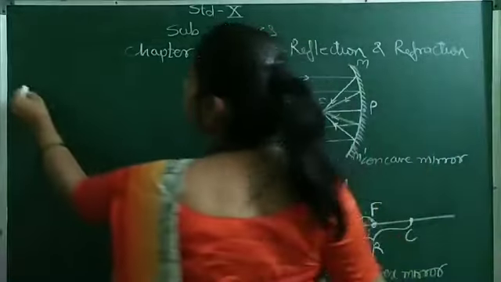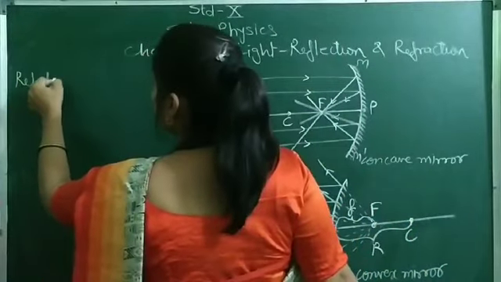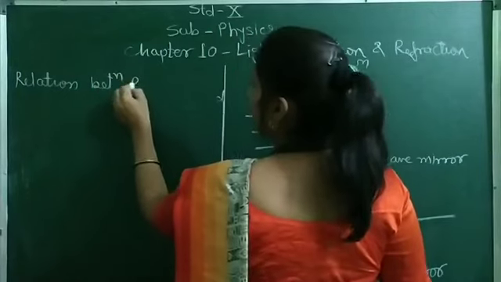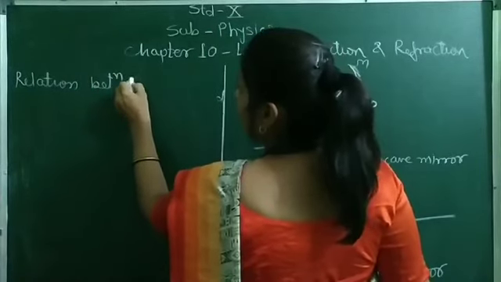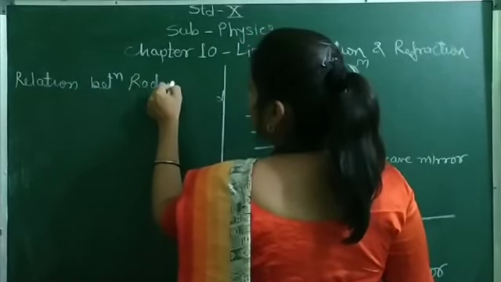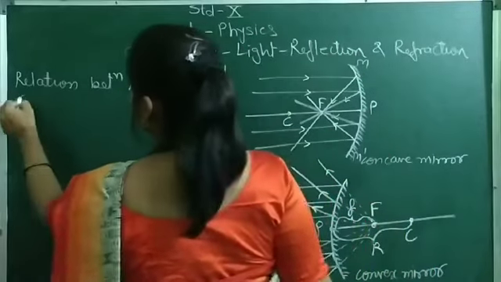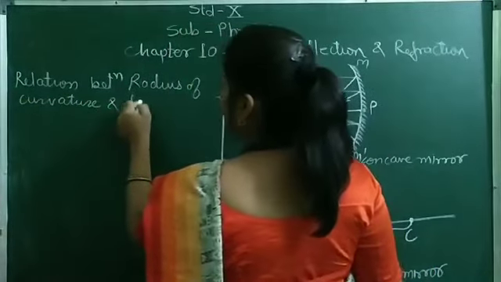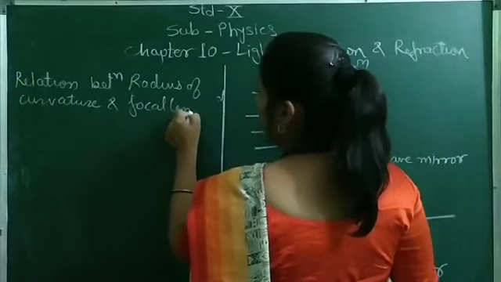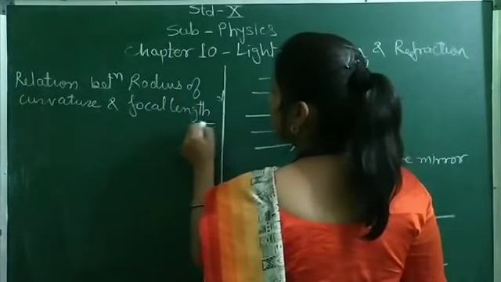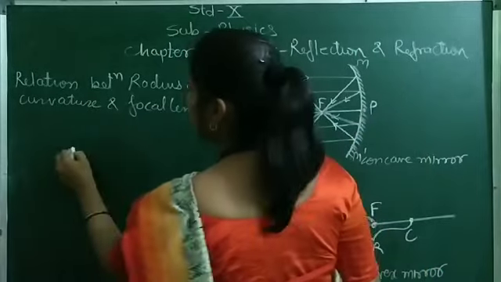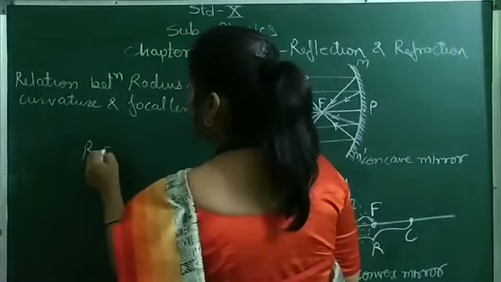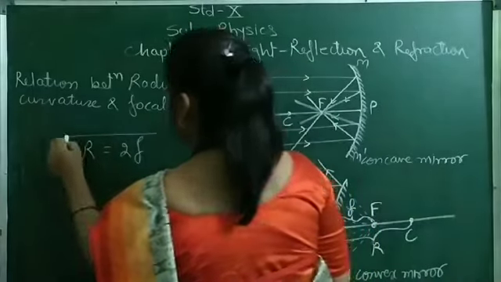So what is the relation between radius of curvature and focal length? This relation is very important, and that relation is R is equal to 2F.